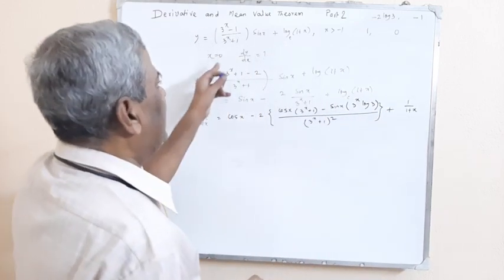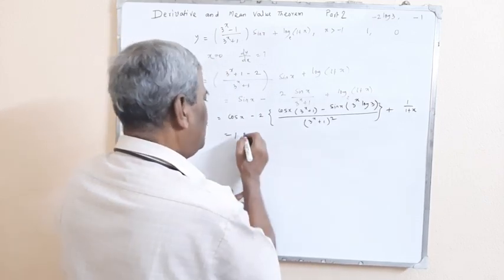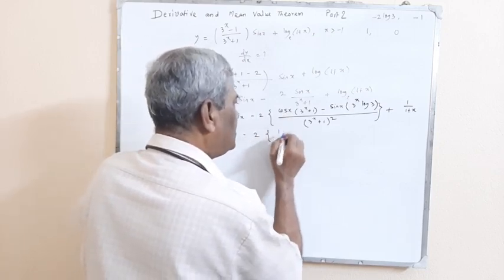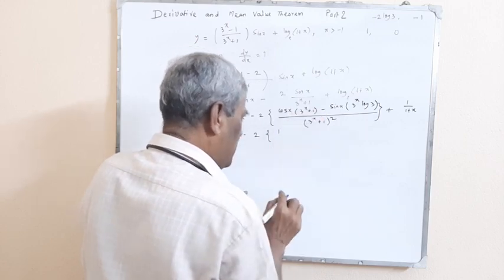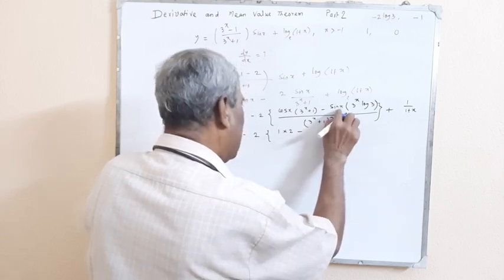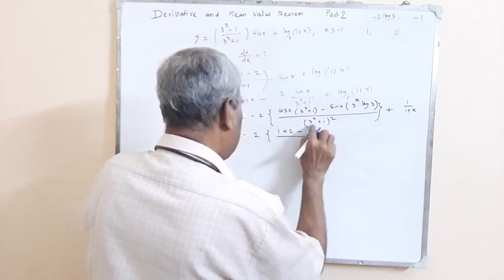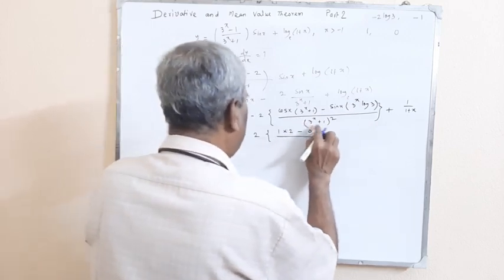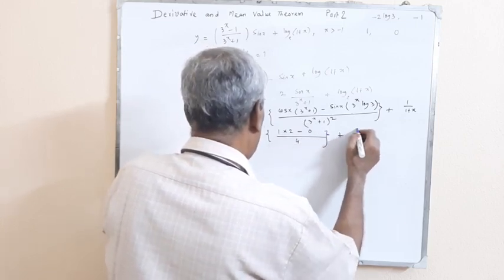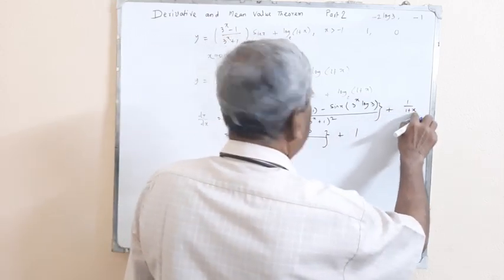Now we have to put x is equal to 0. So cos 0 is equal to 1, minus 2 into, 3 to the power 0 means 1 plus 1, it is 2, minus sine 0 is 0, that part is 0, divided by (3 to the power 0 plus 1) means 2 square, plus 1, because x is 0.